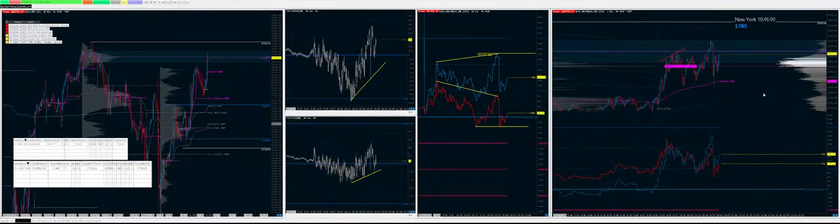Usually my win rate, and again, I don't concern myself with it, but I'm aware of it, is like 65 to sometimes 85%. Some days are easier than others.